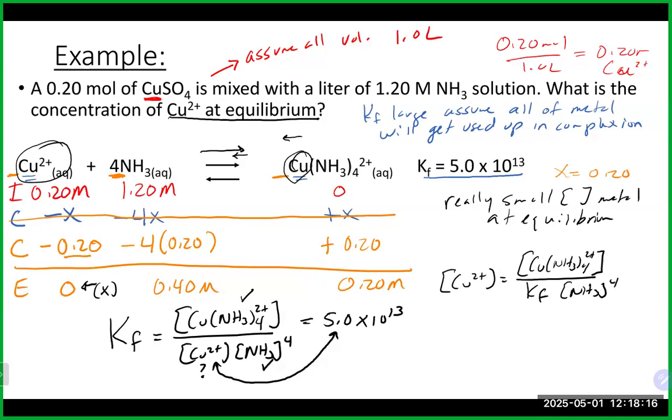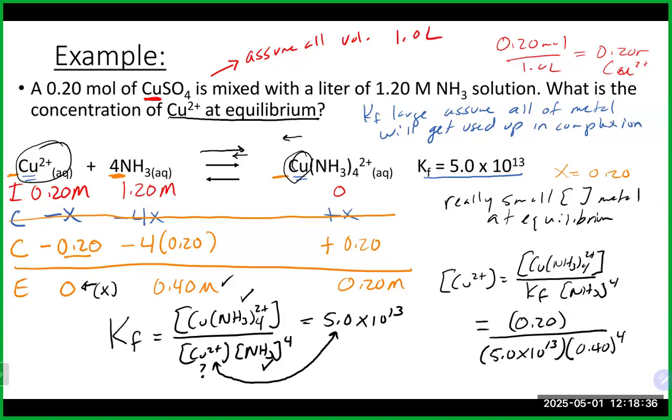So now putting our numbers in, we end up with 0.2 divided by our KF, which was 5.0 times 10 to the 13, times our NH3 from equilibrium, which is 0.4. And again, we still need to take it to the 4th power.